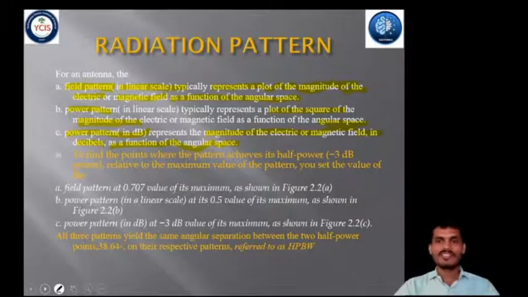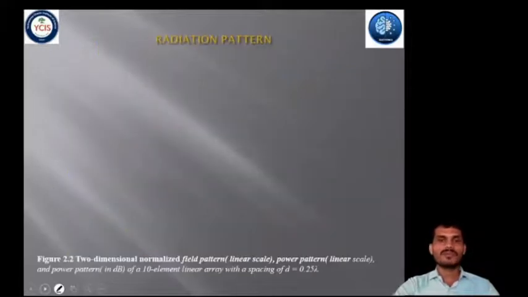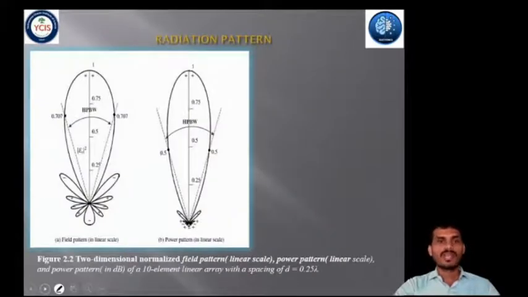It can be seen in the next diagrams. You can see the power pattern, so we multiply by 0.707, and this is your 0.707.